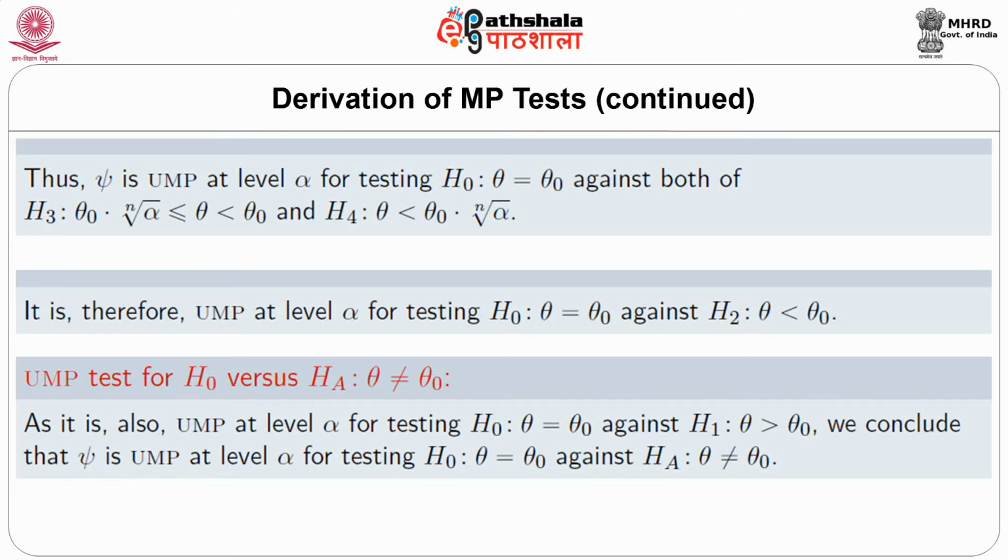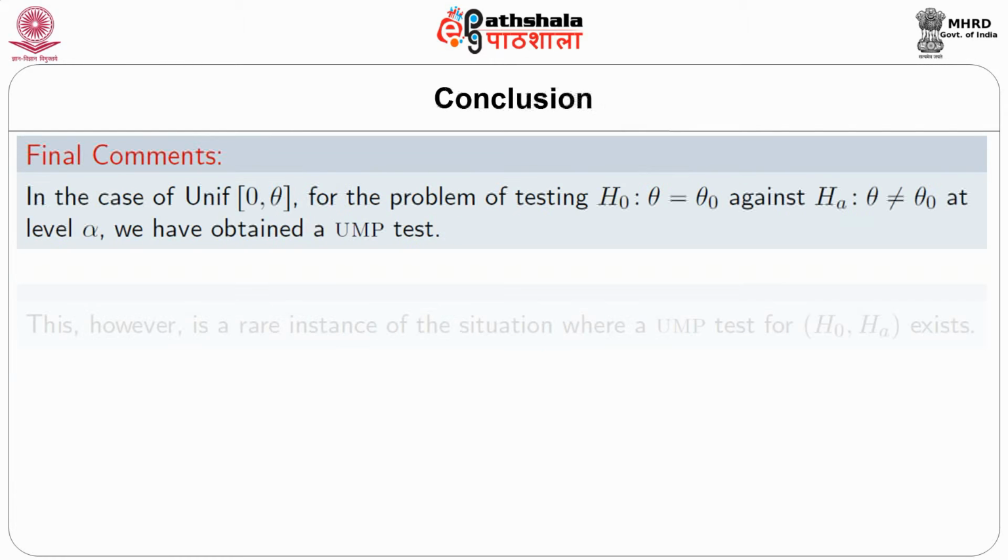We can say that psi is uniformly most powerful at level alpha for testing theta equal to theta naught against theta less than theta naught. We have already shown that this psi is uniformly most powerful at level alpha for testing theta equal to theta naught against theta greater than theta naught.